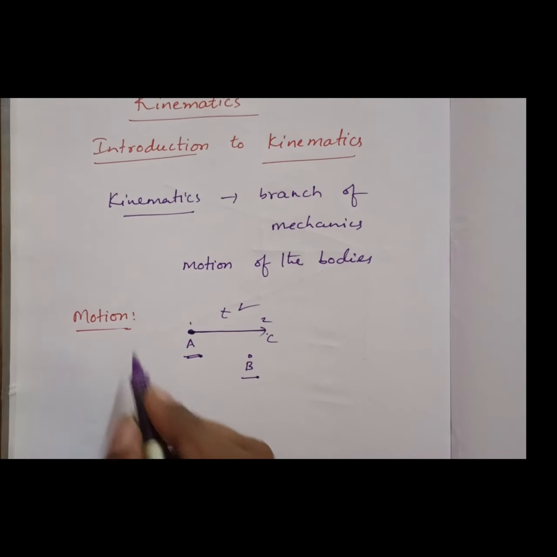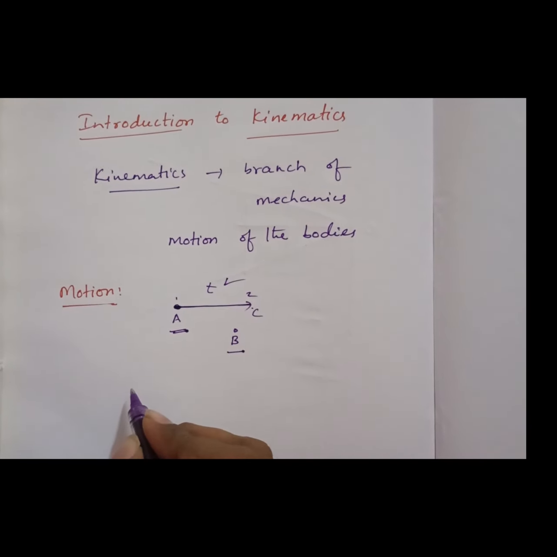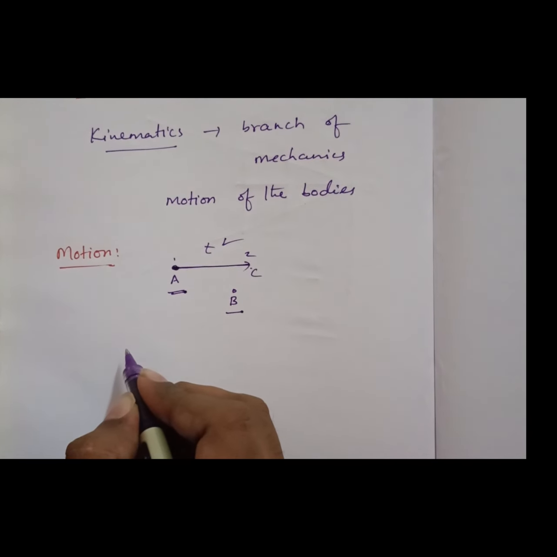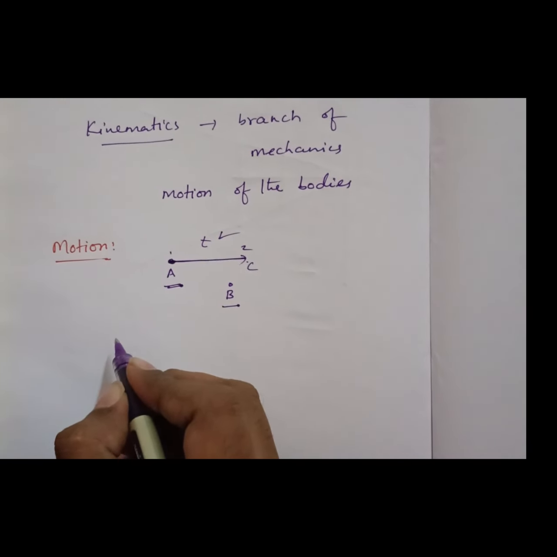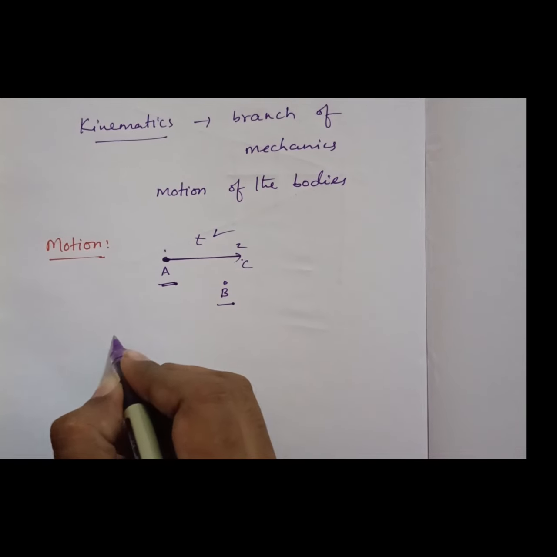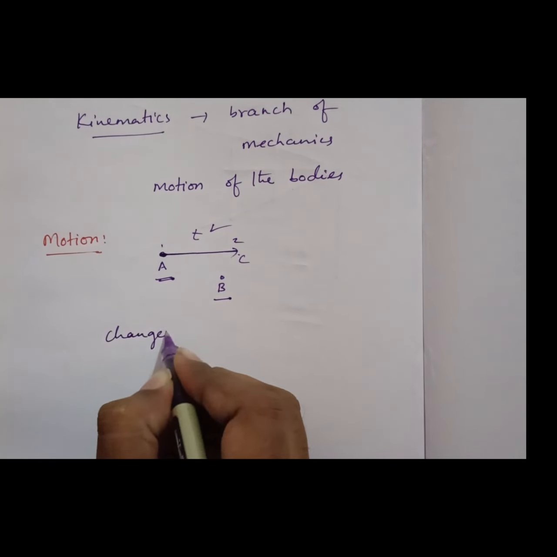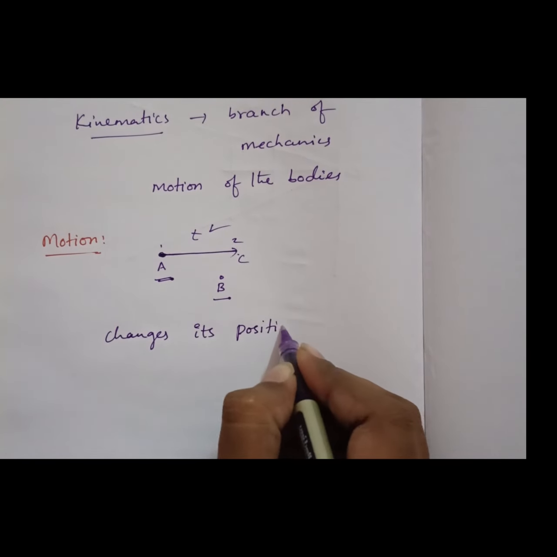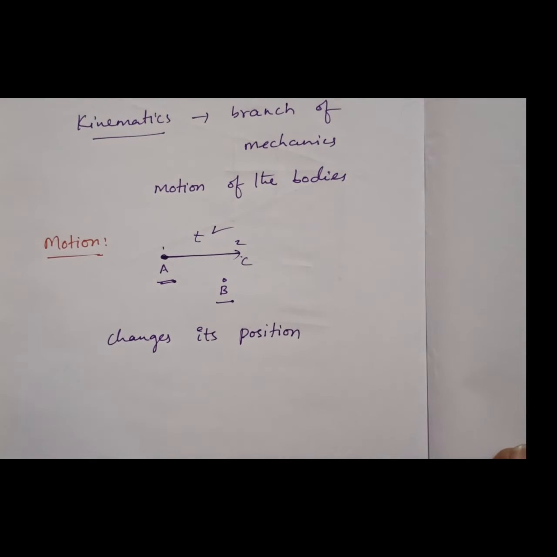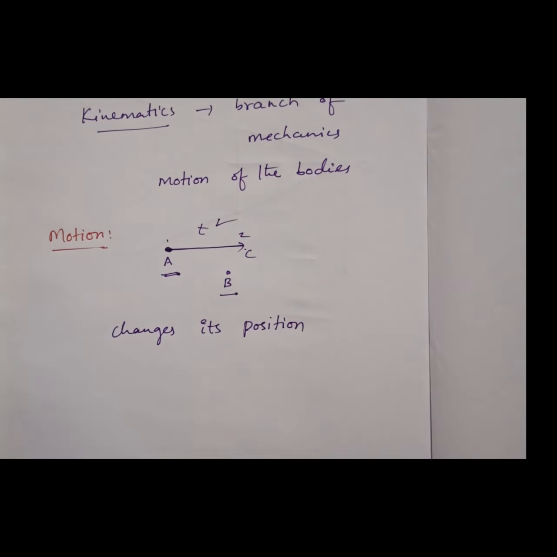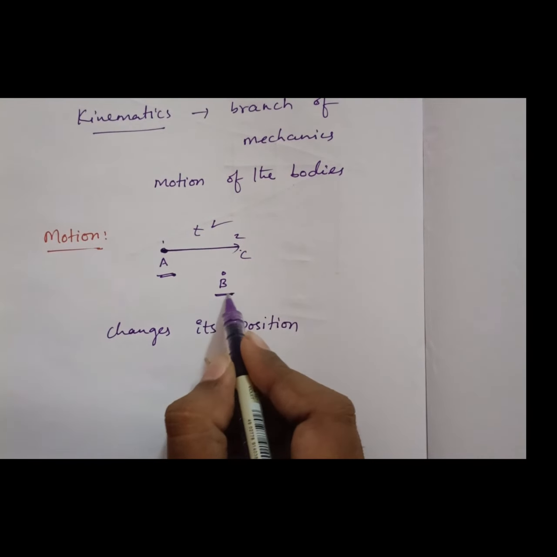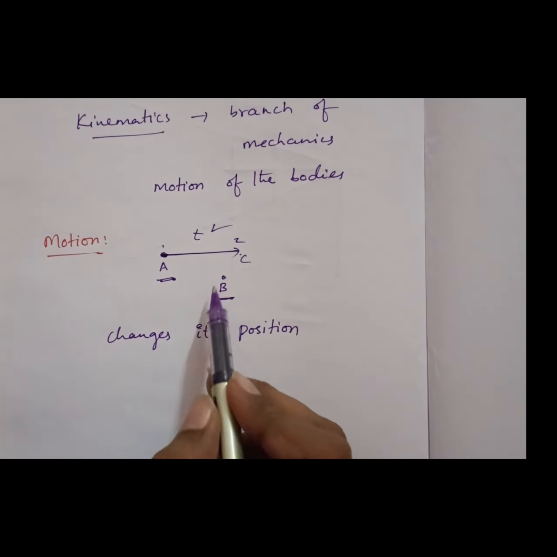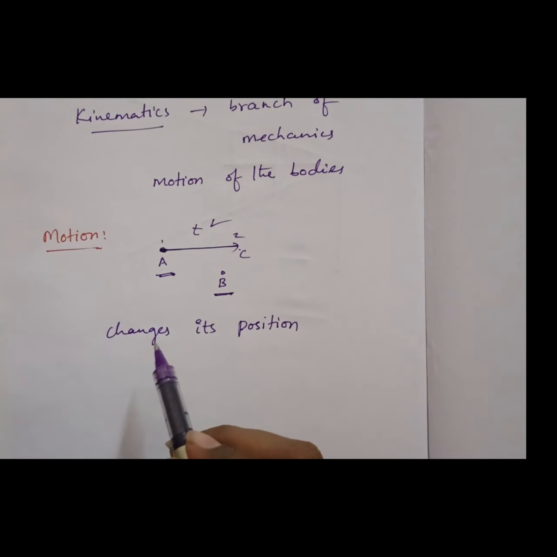So we can define motion: when an object changes its position with respect to surroundings.